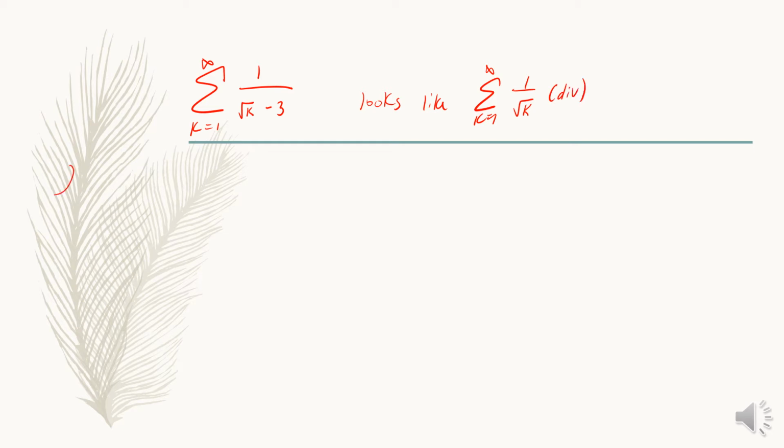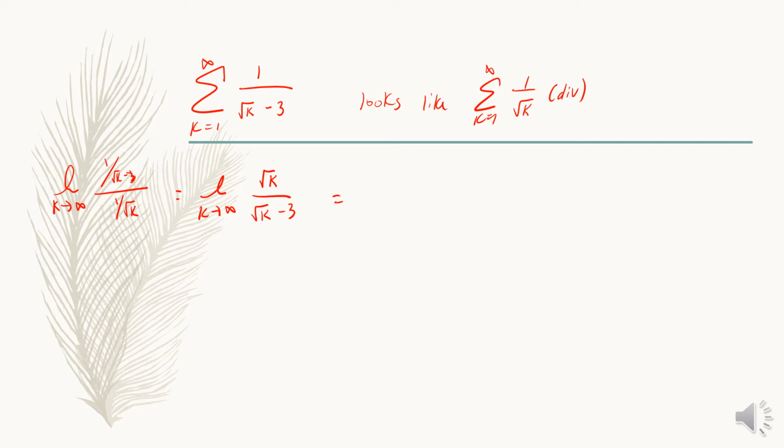So let's look at the limit. We can use k's or n's, it doesn't really matter. As k approaches infinity, of 1 over the square root of k minus 3 divided by 1 over the square root of k. So it was the terms of my first series divided by the terms of my second. Just doing some algebra, I'm going to flip the bottom and multiply straight across. That's going to give me the square root of k on the top, and the square root of k minus 3 on the bottom.